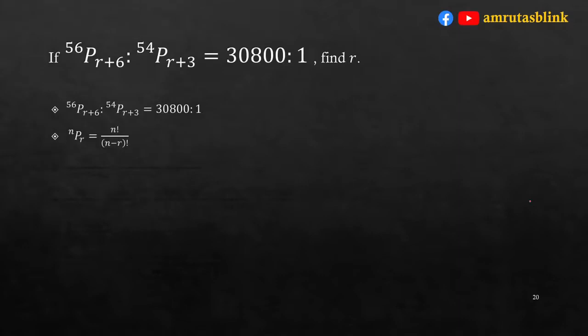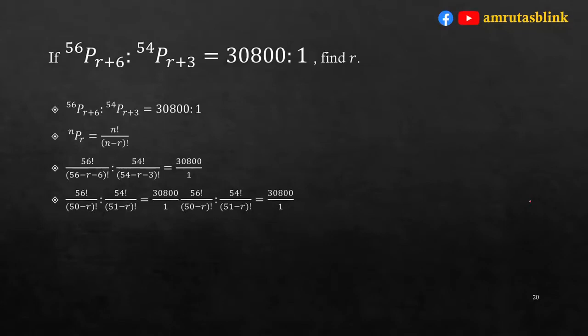Now we know what nPr is. nPr is equal to n factorial upon (n-r) factorial. So 56P(r+6) will be 56 factorial upon (56-r-6) factorial, is to 54P(r+3), which will be 54 factorial upon (54-r-3) factorial, is equal to the right hand side as it is, that is 30,800 upon 1.